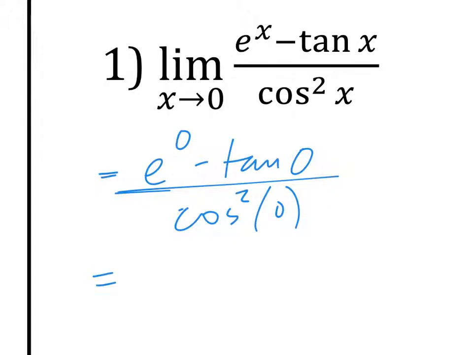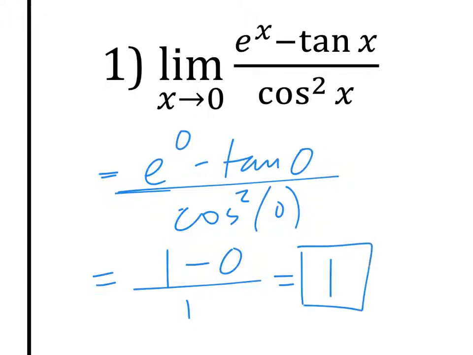E to the 0 is what? 1. Tangent 0, hopefully you kind of remember, is 0. Cosine 0 squared is 1. So the answer is 1. You didn't have to do any crazy stuff. Okay? So first thing, always plug it in. You might get lucky and you don't have to do any extra work.